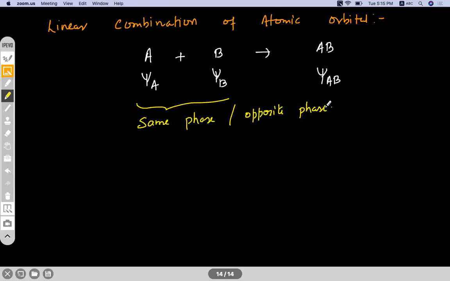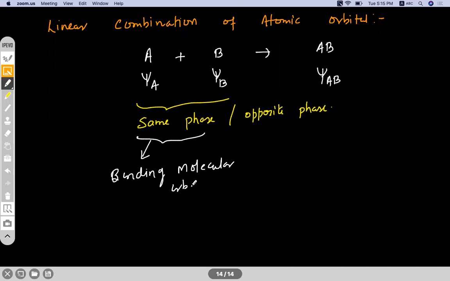You have to keep in mind, when A and B combine with the same phase, the molecular orbital that forms is called the bonding molecular orbital, BMO in short.